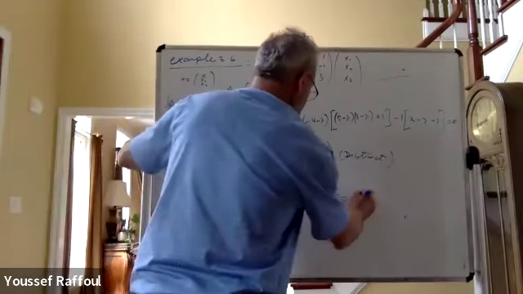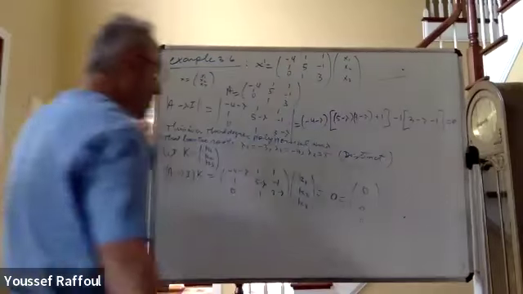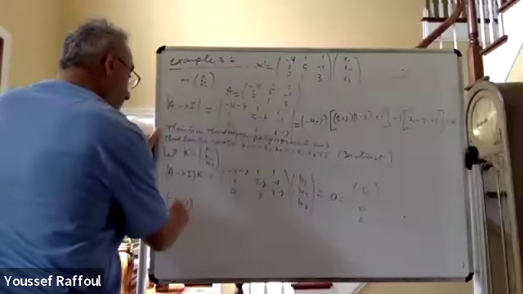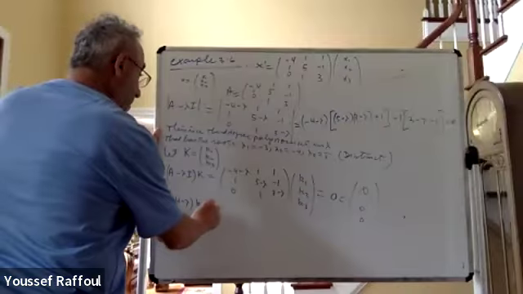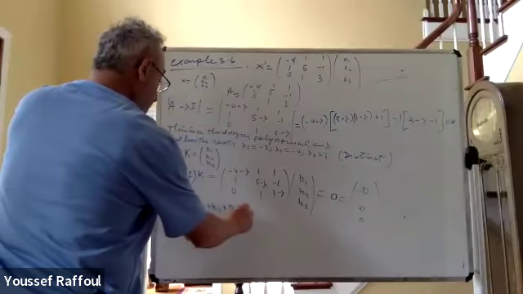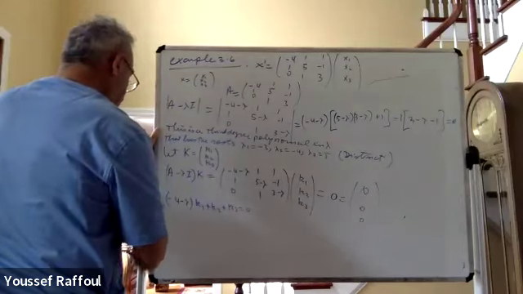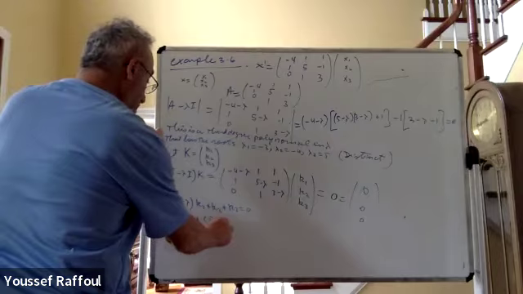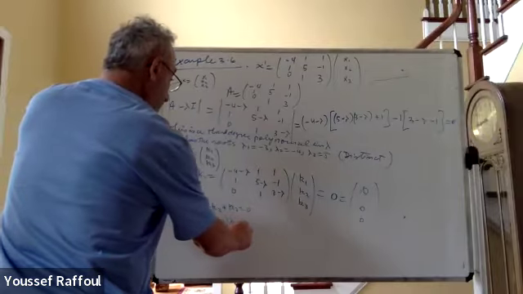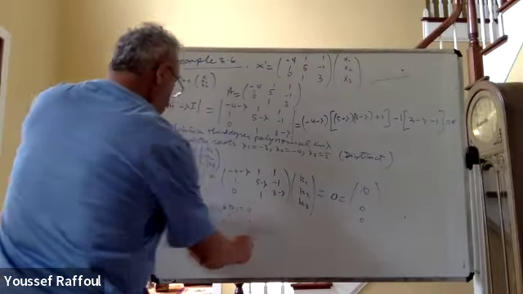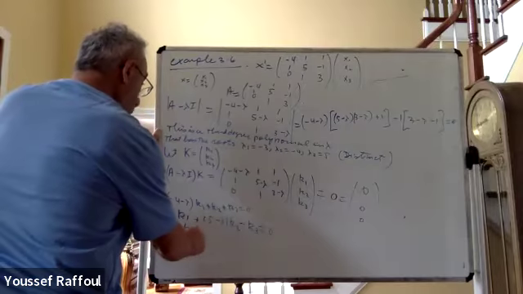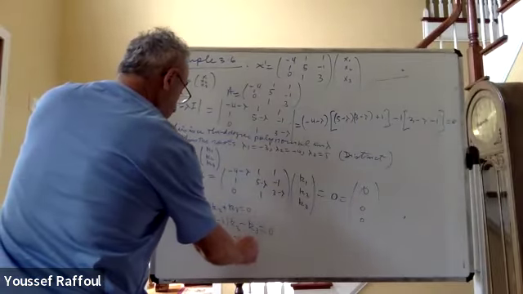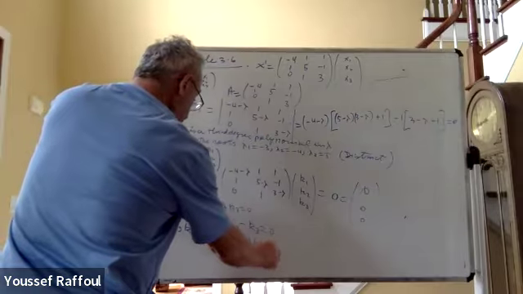And what I mean by this 0 is 0, 0, 0. So solving this equation, I get -4 minus lambda K1 plus K2 plus K3 equals 0. I got K1 plus 5 minus lambda K2 minus K3 equals 0. 0 K1 plus K2 plus 3 minus lambda K3 equals 0.